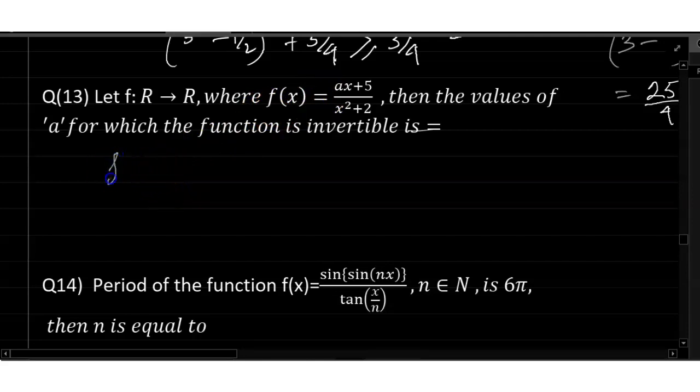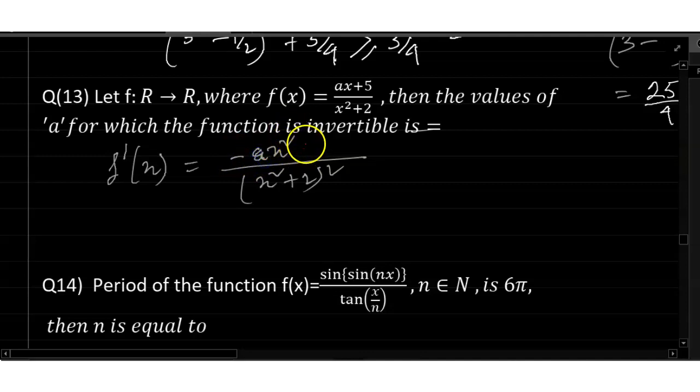So f dash x is equal to x square plus 2 whole square into minus a x square minus 10x plus 2a.